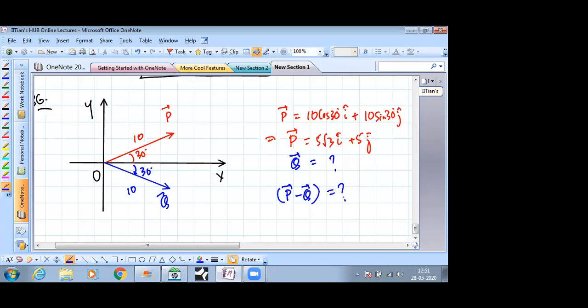Correct. Prashant, your final answer is correct. So I think there will be a correction in the answer in this, because the answer at the back is given as 20 J cap. It should be 10 J cap. Yes, Rahil, correct. Good.